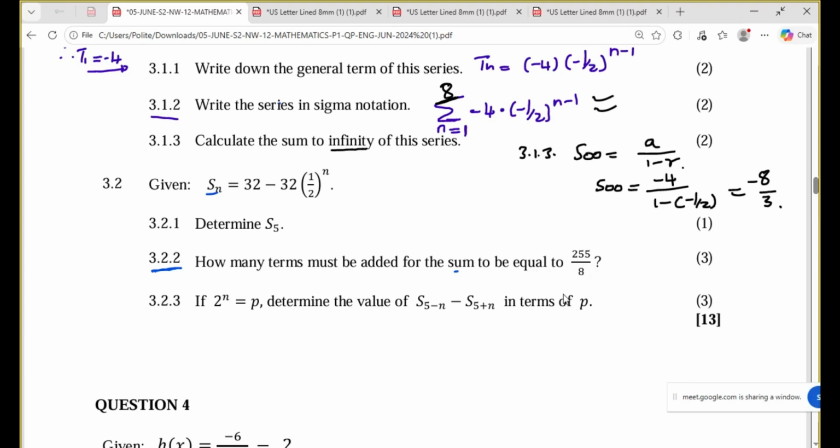Guys, please tell me, what type of sequence are we working on? I think it's geometric. Why do you think it's geometric? Exponent, that's why.